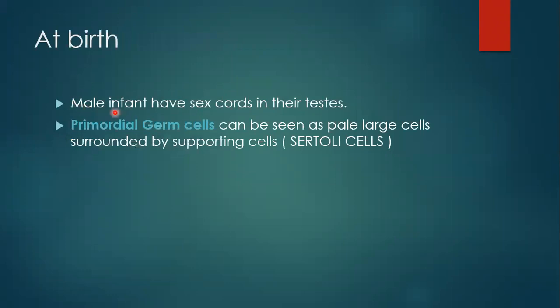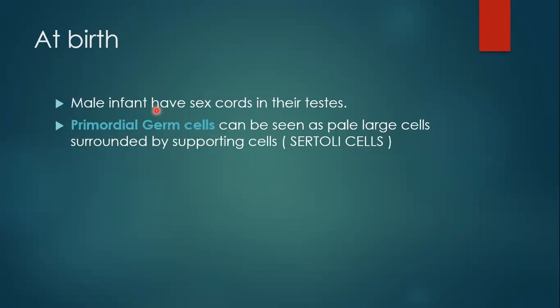At birth, the male infant has sex cords in their testes. Unlike the adult male, who doesn't have sex cords but instead has tubular structures known as the seminiferous tubules, the male infant has sex cords in their testes, and primordial germ cells, which are the stem cells for the production of the sperms.